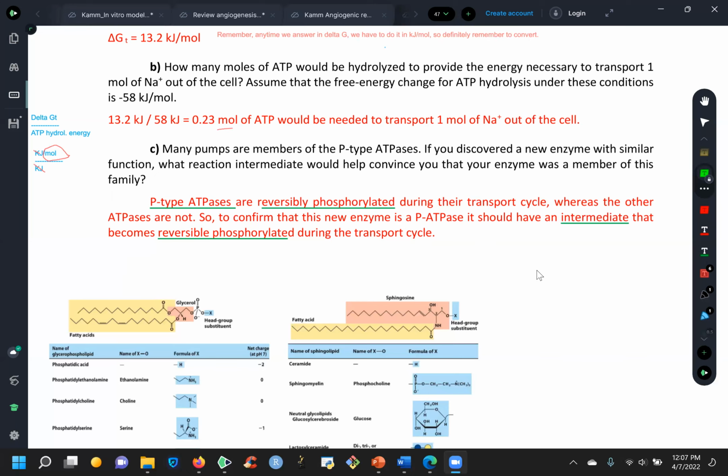Does that make sense? But you still have to answer the question mathematically. They're asking how many moles of ATP. We know we don't even need 1 full mole, so it's going to be a fraction of a mole. So all you do is divide by 58 kilojoules.